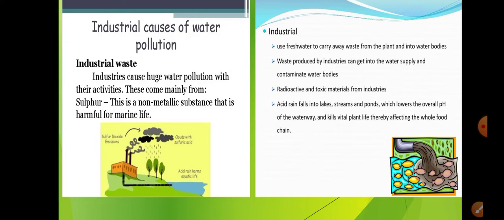The radioactive waste can also be released into the water bodies, and then the acid rain that we were talking about just now can enter any kind of water body, be it lakes, streams or ponds, and that will kill the plant life in the whole ecosystem, the whole food chain also. So these are some of the impacts industrial water pollution is having.